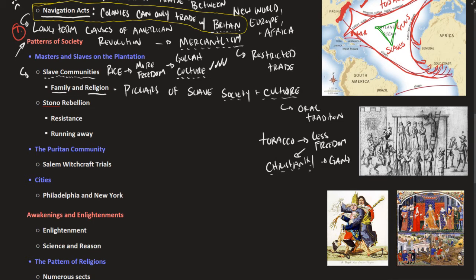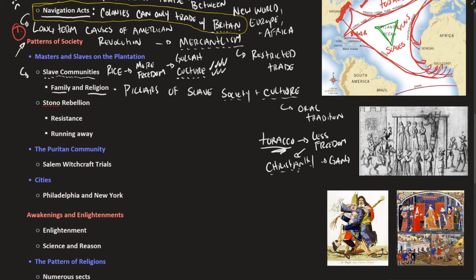Slaves were required to work in the fields with an overseer in very close proximity to the slave master from sunrise till sunset. Because there was more interaction with slave owners, who also typically wanted to convert their slaves to Christianity, there tended to be less retention of African culture in places like Maryland and Virginia, for example.